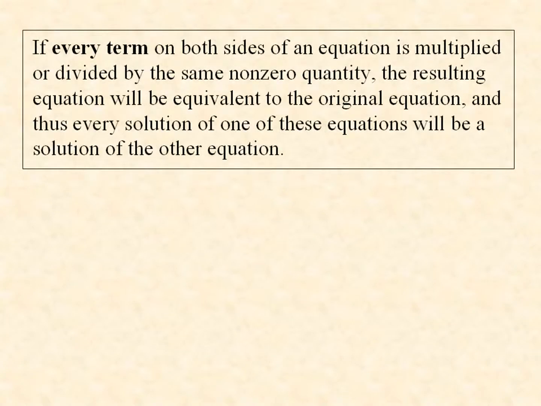If every term on both sides of an equation is multiplied or divided by the same non-zero quantity, the resulting equation will be equivalent to the original equation, and so every solution of one of these equations will be a solution of the other equation. For example, suppose we want to solve 4x equals 12. We want to know what x equals, so we divide both sides by 4.